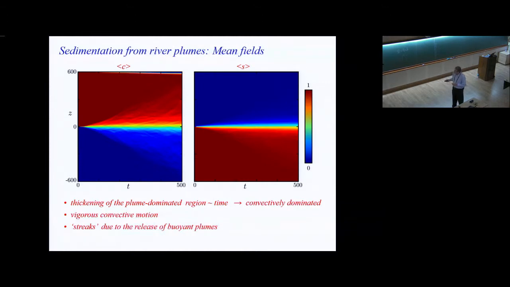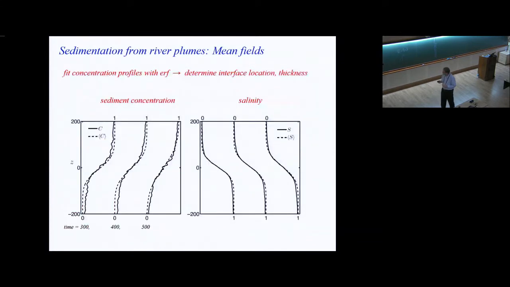Now we can take these one-dimensional vertical profiles and fit error functions to them. These error functions allow us to associate a center, an inflection point of the profile, and also a thickness, right? So we can talk about an effective thickness and an effective location of our profile, and we can look at those as a function of time.